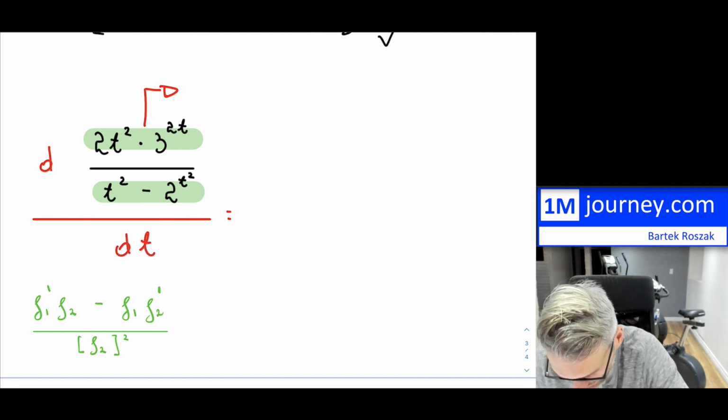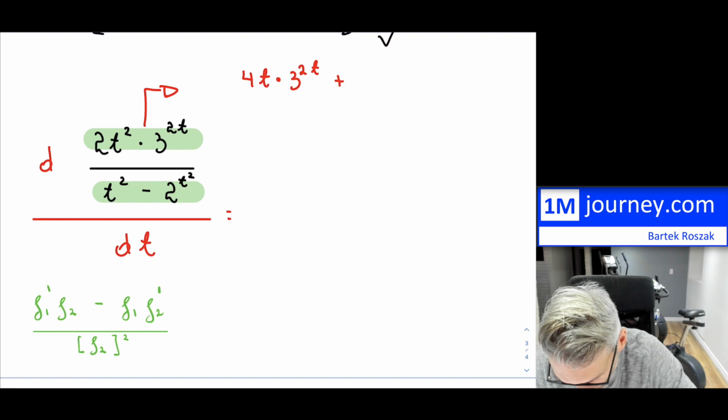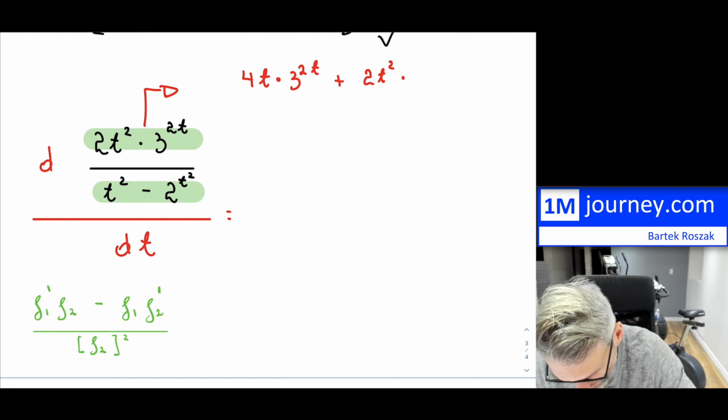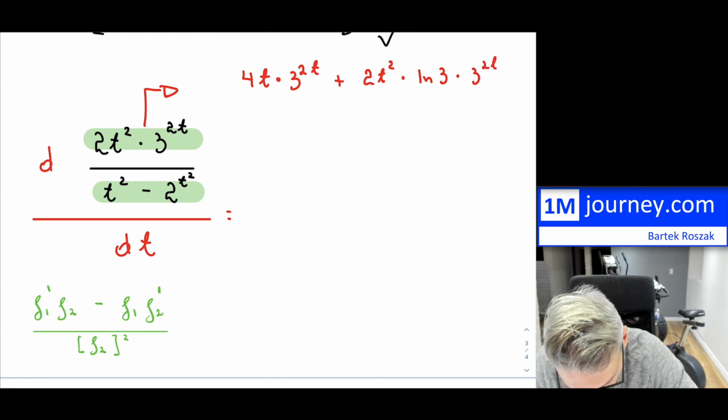The derivative of 2t squared is 4t, multiplied by 3 to the 2t, plus, because it's the product rule up on top there, 2t squared, which we leave alone, multiplied by the derivative of 3 to the 2t. That's going to be ln of 3 multiplied by 3 to the 2t, and notice there's a 2t there, so I have to multiply by 2.